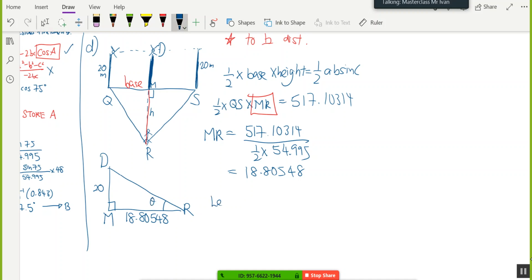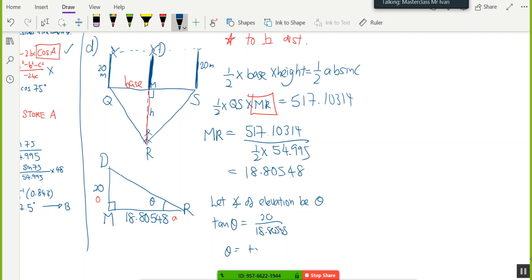Pythagoras. Yes, right angle triangle always use SOH CAH TOA. So let the angle of elevation be theta. Which ratio do you use for this? Tangent, because this one is opposite and this one is adjacent. Jerome, you understand? So tangent theta equals 20 over 18.80548.